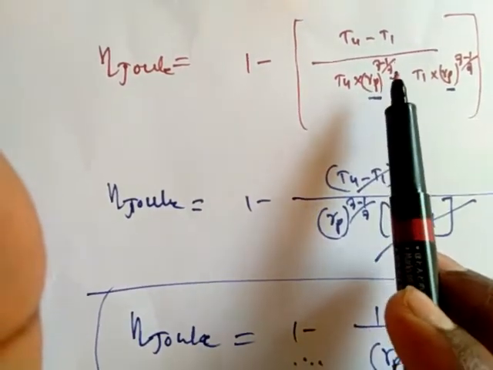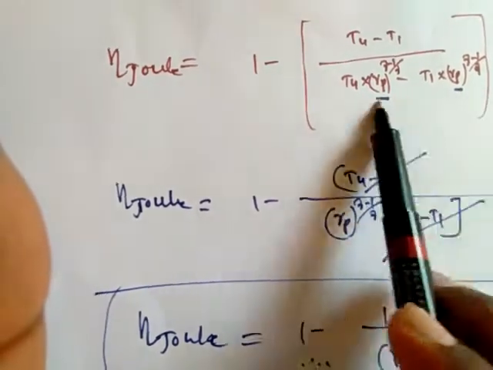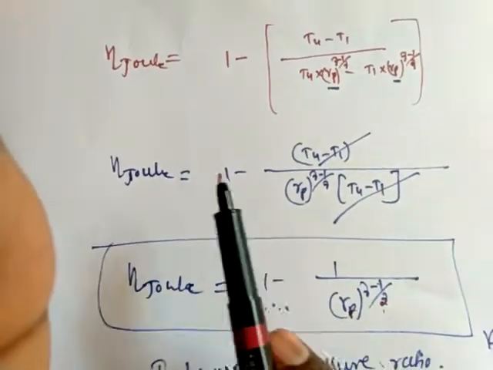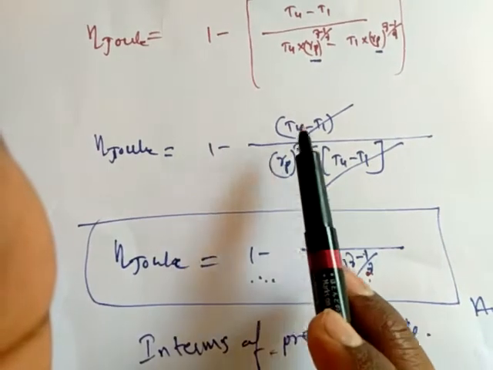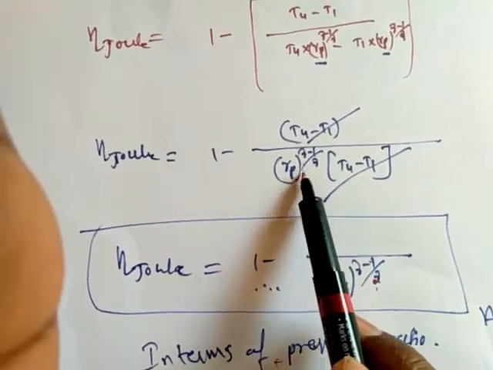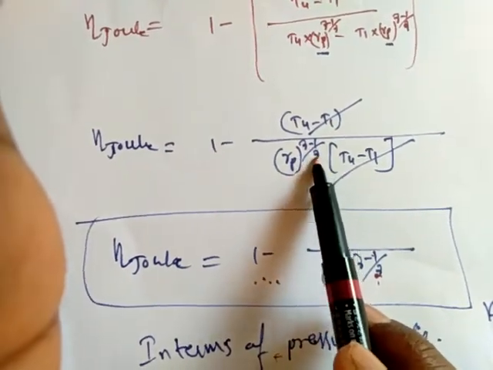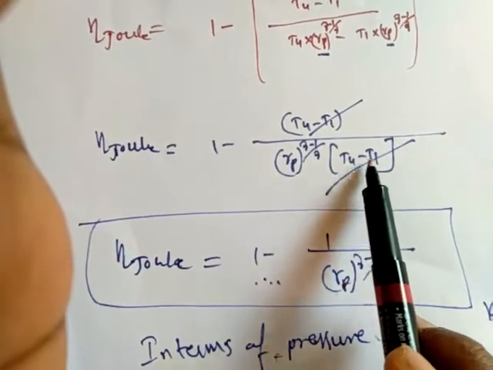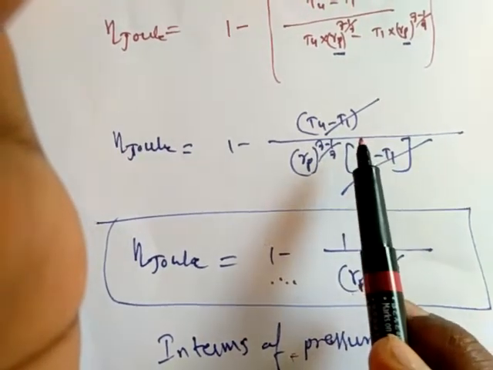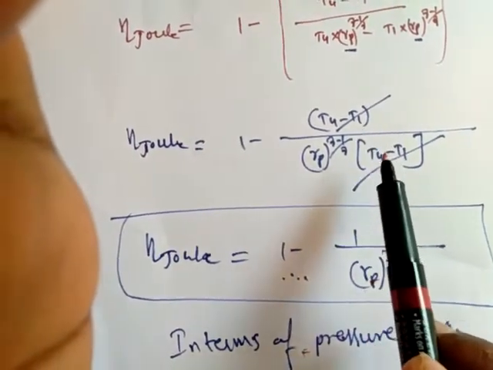Rp to the power of (gamma minus 1) by gamma is a common term, put it outside. So the efficiency of the Joule cycle is equal to 1 minus (T4 minus T1) by Rp to the power of (gamma minus 1) by gamma times (T4 minus T1). So (T4 minus T1) gets cancelled.